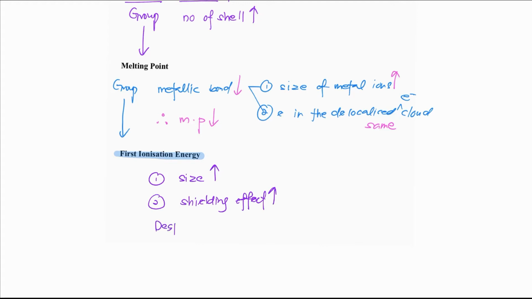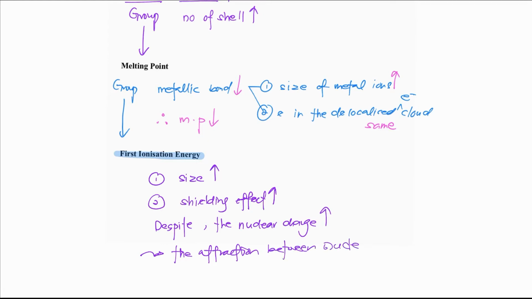So despite the nuclear charge increasing down the group, the attraction between the nucleus and the outermost shell is getting weaker.